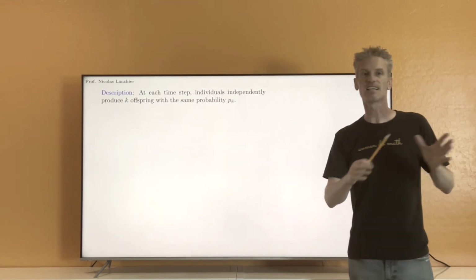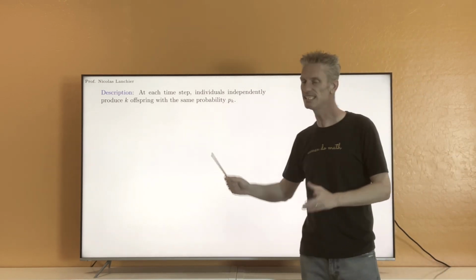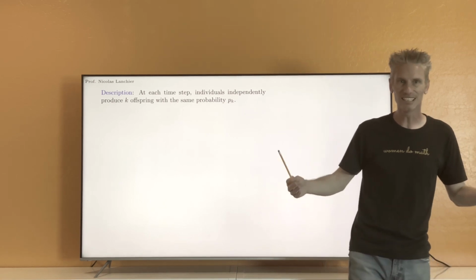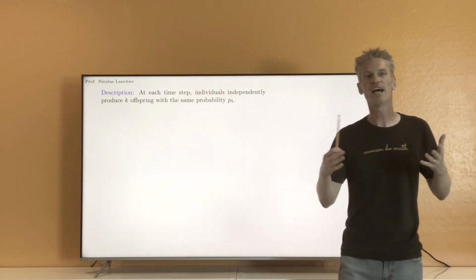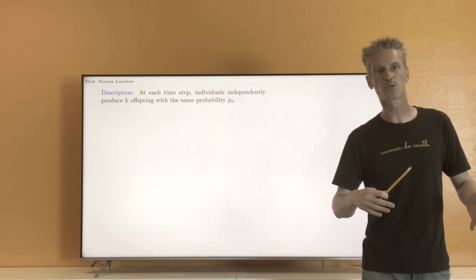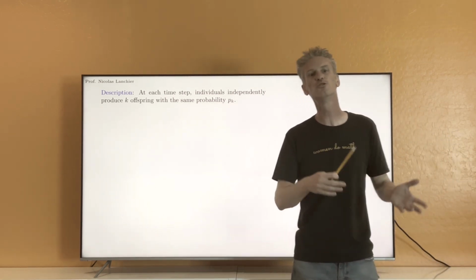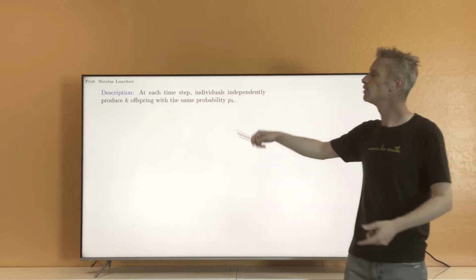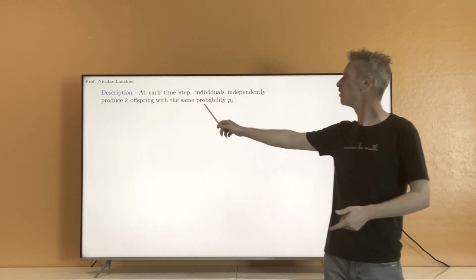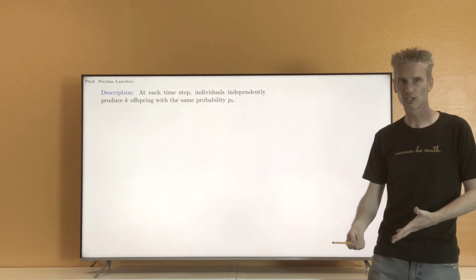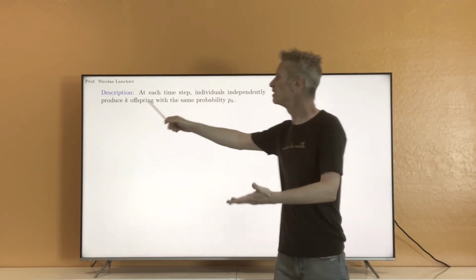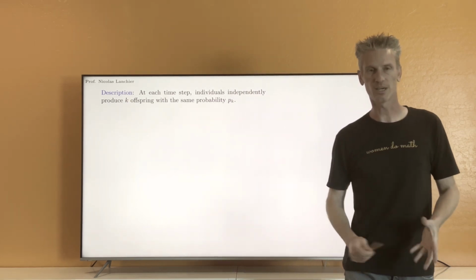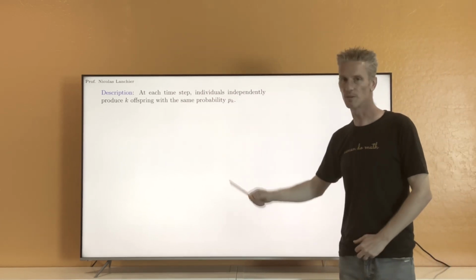That means, and that's a very important assumption in this model, that if you look at different individuals in your process, then the random numbers of offspring produced by those individuals are described by random variables that are independent and all have the same probability mass function, given by the probability that this random variable is equal to k is equal to pk. Okay, so these are the main assumptions of the model.